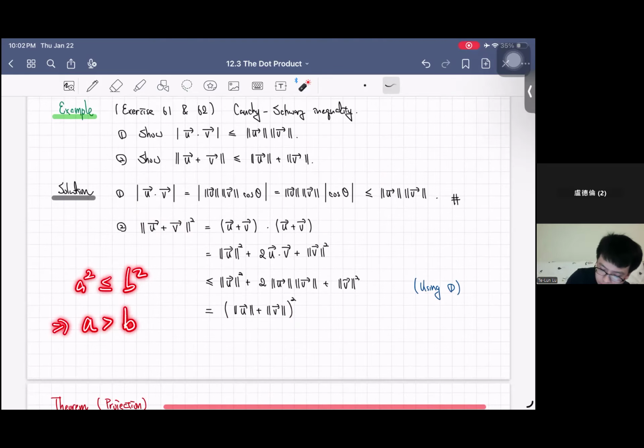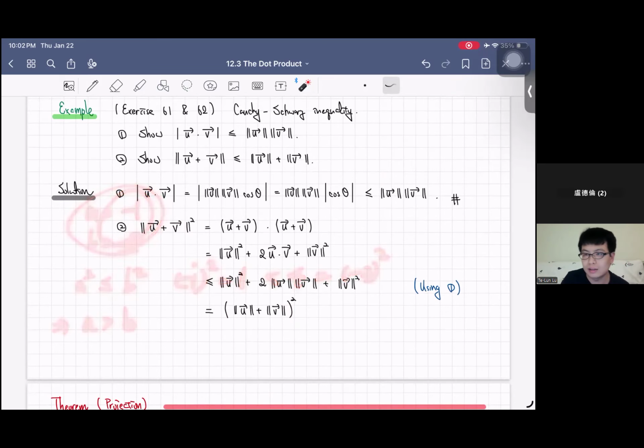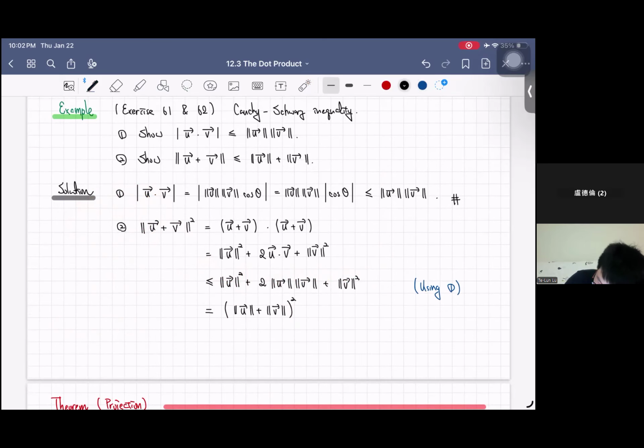For instance, if we take a to be minus 1, b to be minus 2, then minus 1 squared, which is 1, is less than 4, which is minus 2 squared, right? However, a is larger than b. And that reason is because a and b are negative. But whenever they are positive, you can very happily do your square root, and then you get our original triangular inequality.